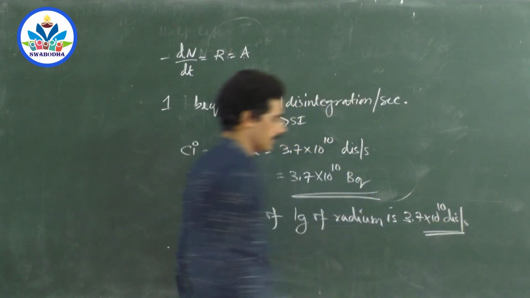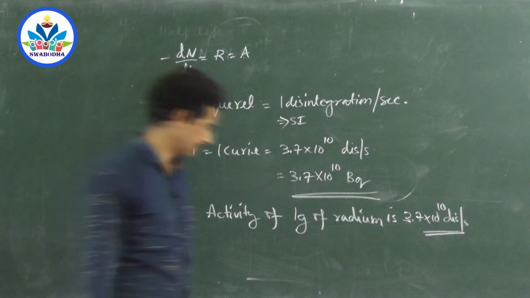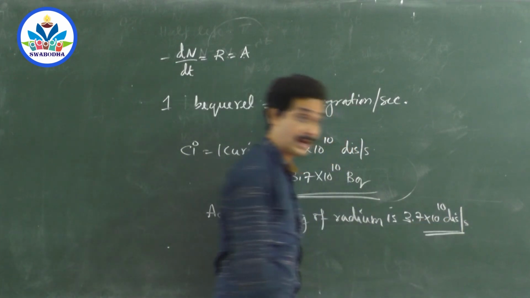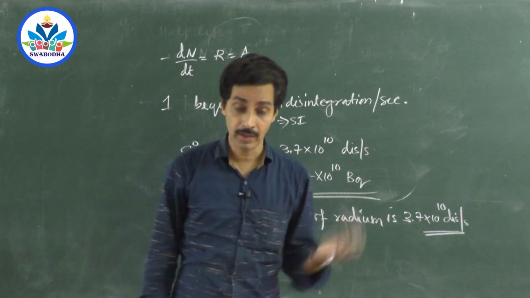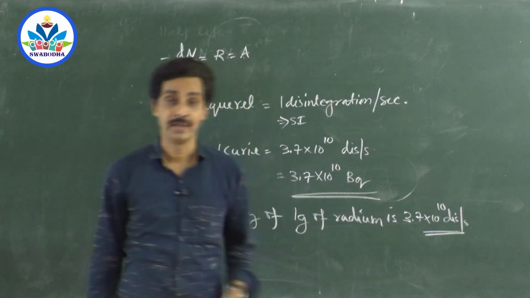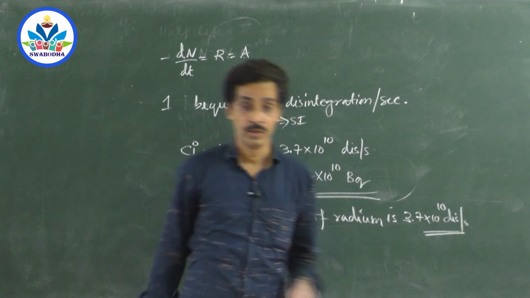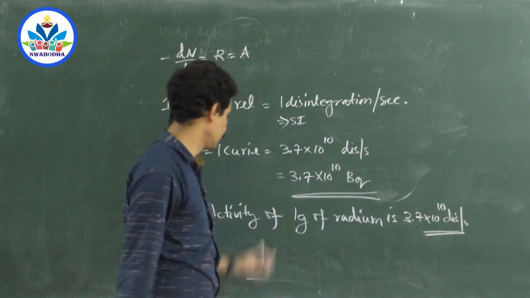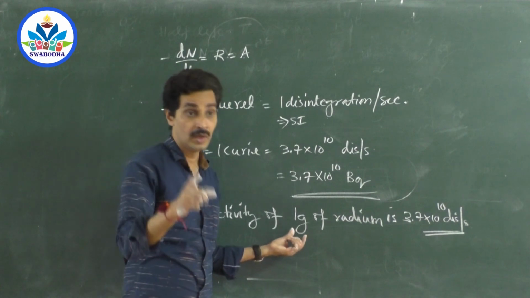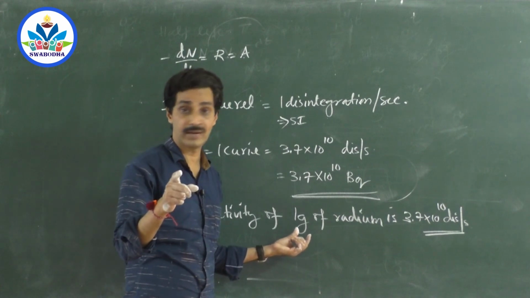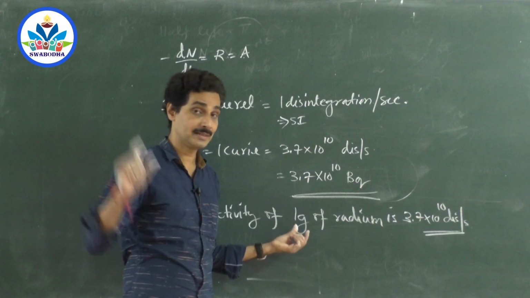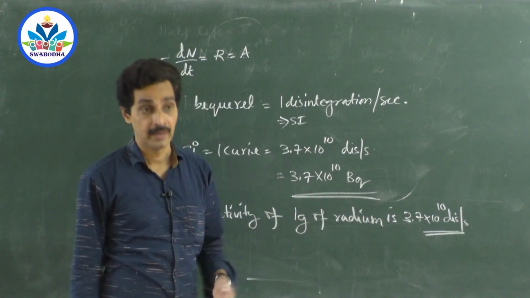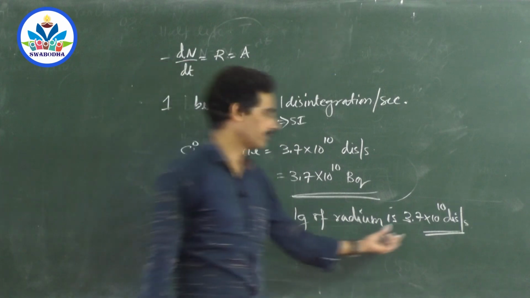That means 3.7 into 10 to the power 10 atoms of radium get converted into some other elements in 1 second if you take 1 gram, because the activity is directly proportional to the number of atoms in the sample. dN by dt is directly proportional to N. In 1 gram, those number of atoms show this much of activity.